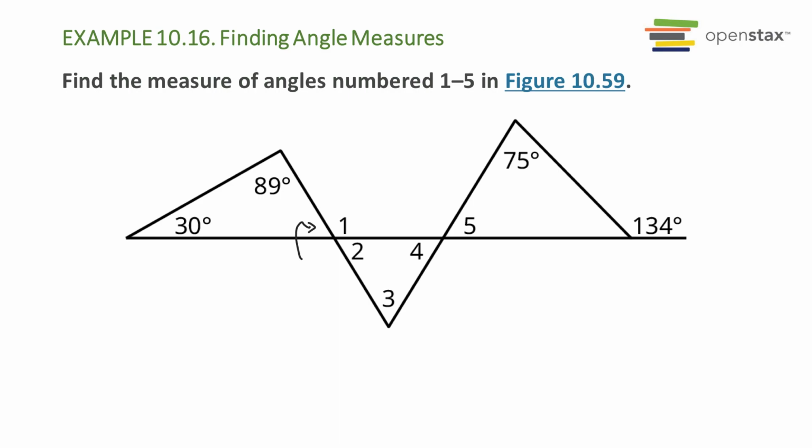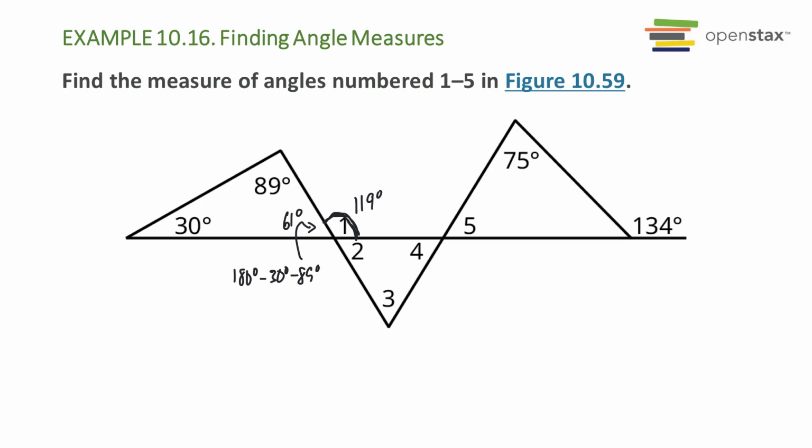So to find this missing angle, we would do 180 degrees minus 30 degrees minus 89 degrees. That gives us a total of 61, so this is 61 degrees. And so angle 1 here is supplementary to 61 degrees. So if I do 180 minus 61, that tells me this is 119 degrees.